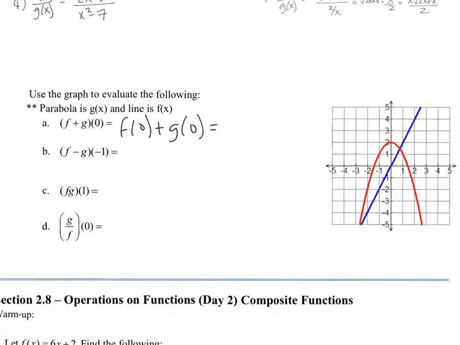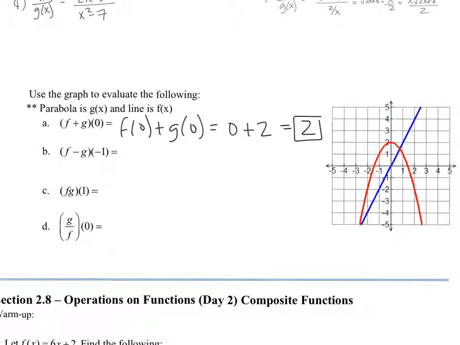So let's find that on the graph. It's telling me that the line is the f of x, so this is my f of x. So I'm going to find when x equals 0, which is right here, where is the y value of the line? The y value is also 0. So that's 0. And then what about g of 0? So the g is my parabola, and so this is the g equation, and at x equals 0, the y value is 2. So you just add 0 plus 2 and you get 2.